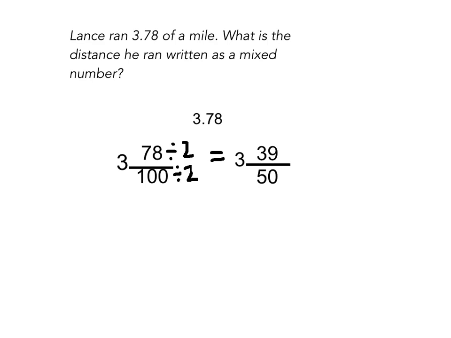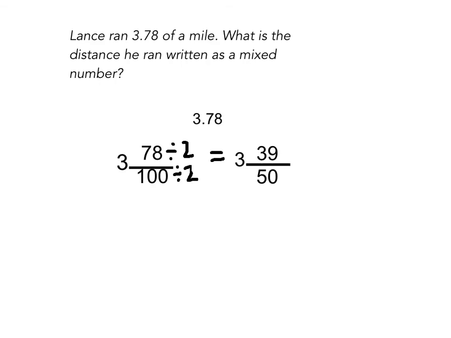This is our second story problem and final example. Lance ran 3.78 of a mile. What is the distance he ran as a mixed number? We can't forget to carry the 3 when we simplify and convert this number. Since the 8 is in the hundredths place, the mixed number will be 3 and 78 hundredths.